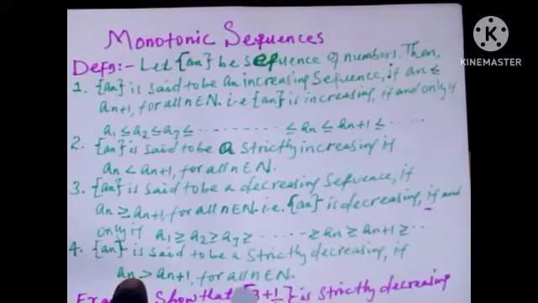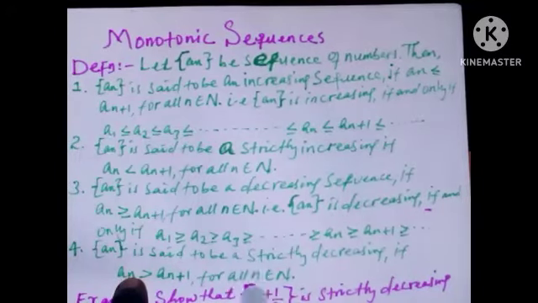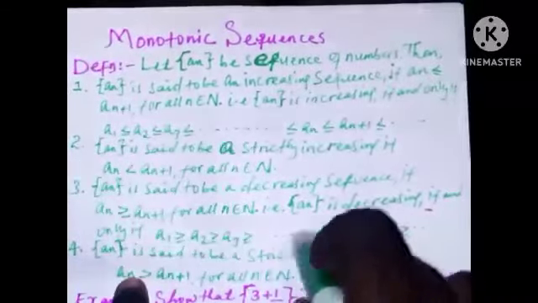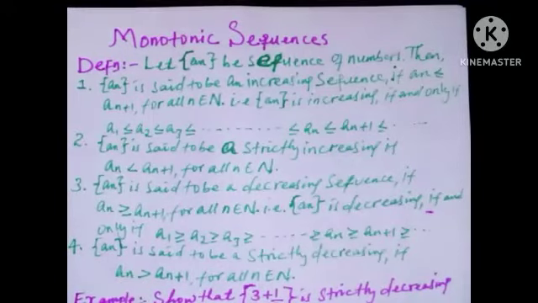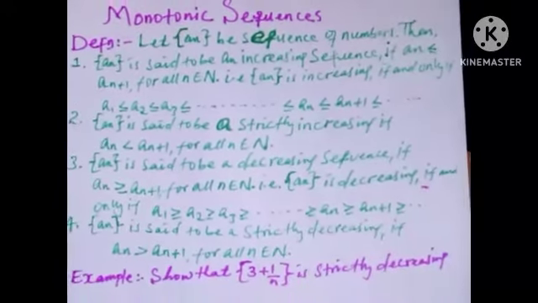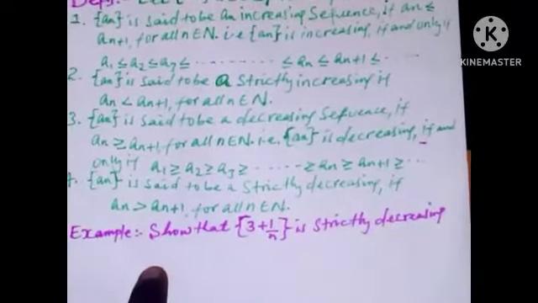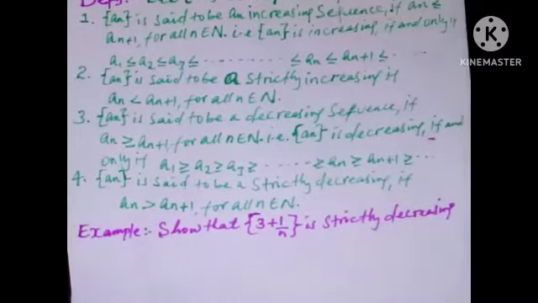The n value that you substitute must be an element of the natural numbers. Let's see this example together, and then it will be clear for you.